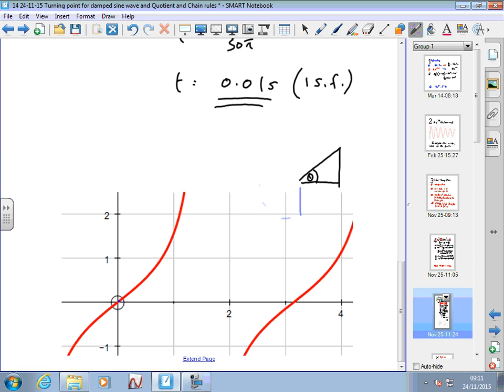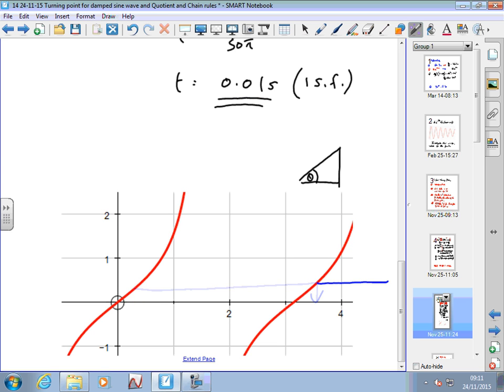So it repeats. If I've got this time here, then it's going to repeat this period of time later. And if you look at the difference between here and here, it's 3.142, in other words, pi. So if I've got my time of 0.01, and I add pi to it, I'll have the next time the gradient drops to 0, and so on.